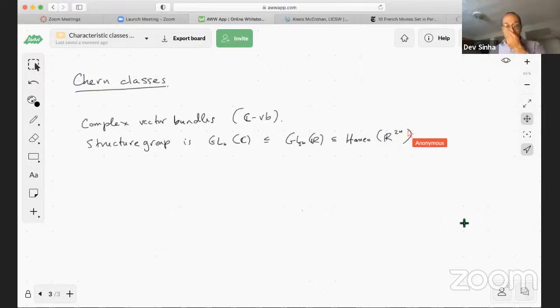So you're looking at a smaller group that's the structure of the isomorphisms that we're allowing.